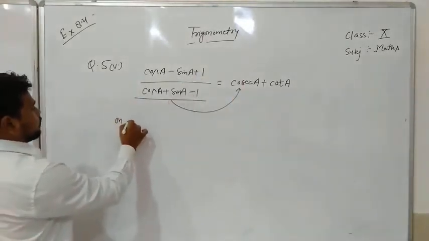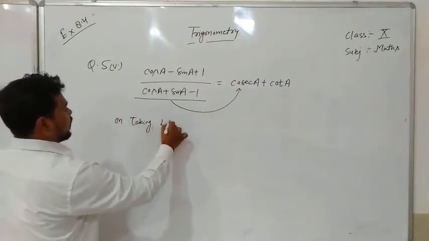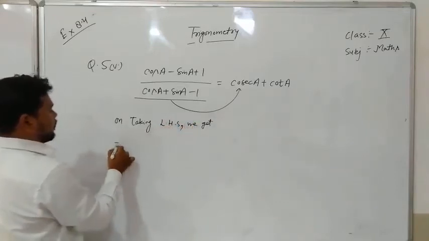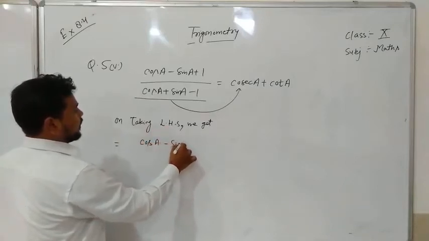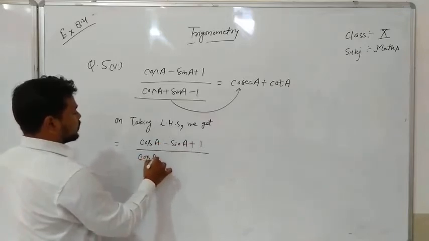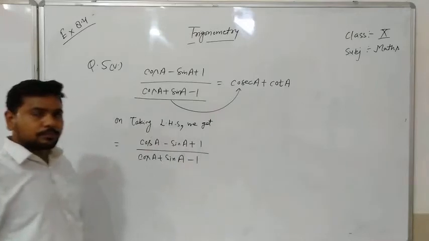So on taking LHS, we get 1 upon cos A minus sin A plus 1 plus 1 upon cos A plus sin A minus 1.